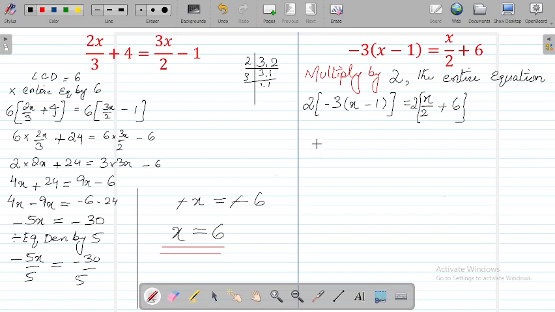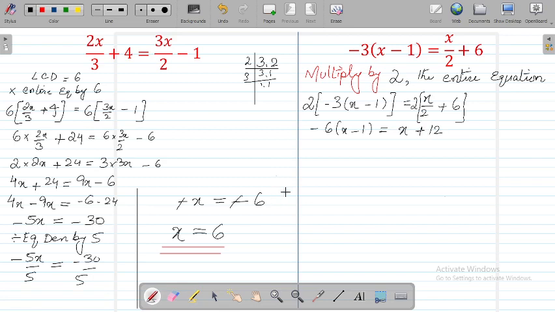Now what happens when we multiply this 2 with this factor? It will become minus 6 into x minus 1. And when this 2 is multiplied by x by 2, it will become x plus 12.